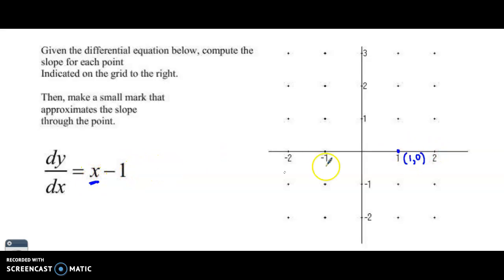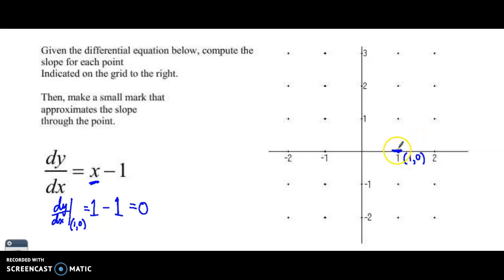So what I'm doing for this point is I'm plugging in 1 for x. So I'm finding dy dx at the specific ordered pair 1, 0. Well, 1 minus 1 is equal to 0. So what we do is we make a tiny line at that point that has a slope of 0.